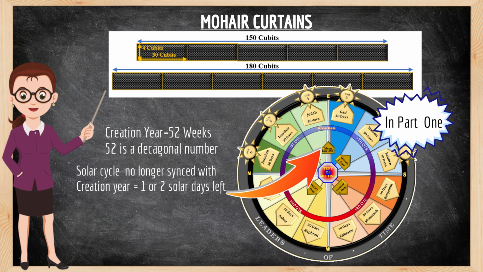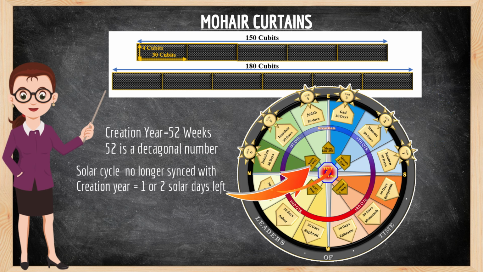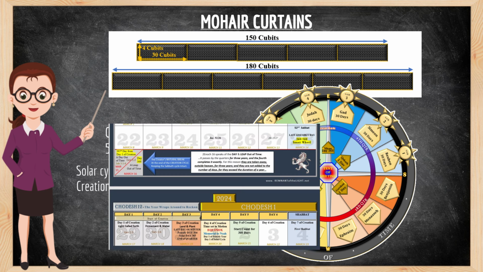As I mentioned earlier, these days are absorbed by the camp of Moses on the time wheel. So depending on it being a leap year or not, the priest would know if there was 1 or 2 days, the days out of time, before the creation cycle began anew. And this would be verified with the 4th day sign of the due east rising of the sun.